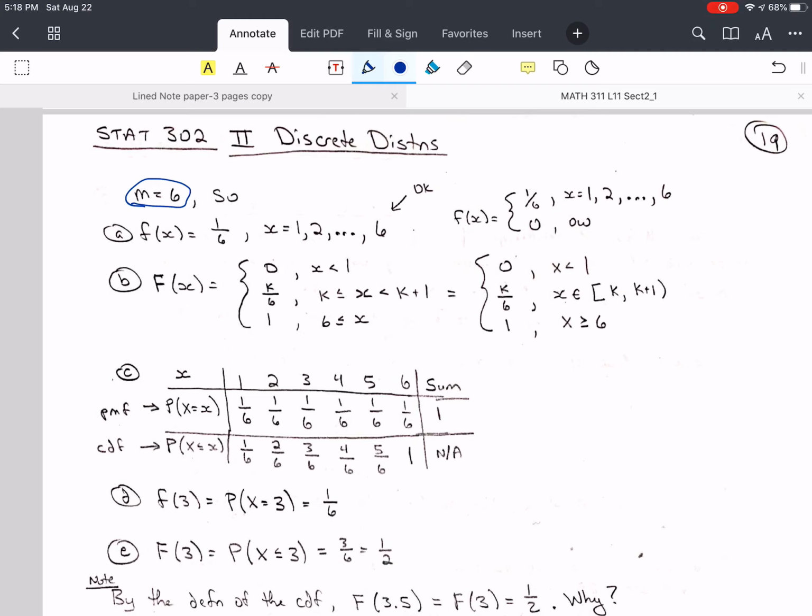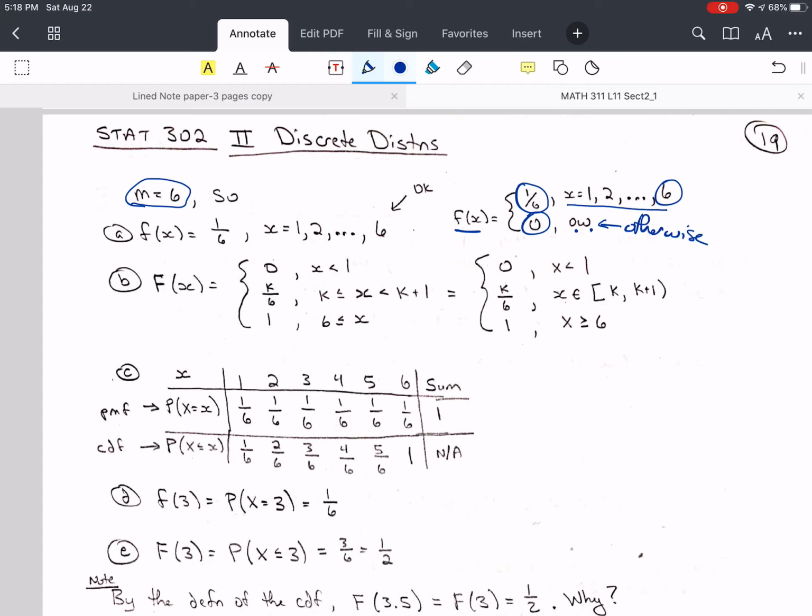We have 6 sides on the die, so little f of x is 1 over 6 if x is in the space, 1 to 6, and 0 otherwise. And so if we add up 1/6 6 times, we get 1, and that's the requirement, right?